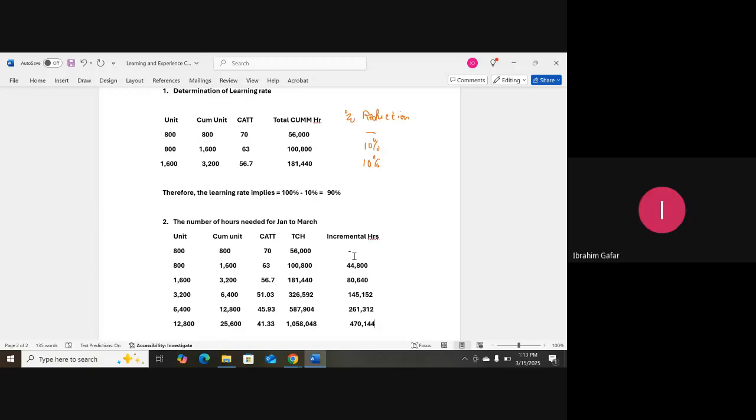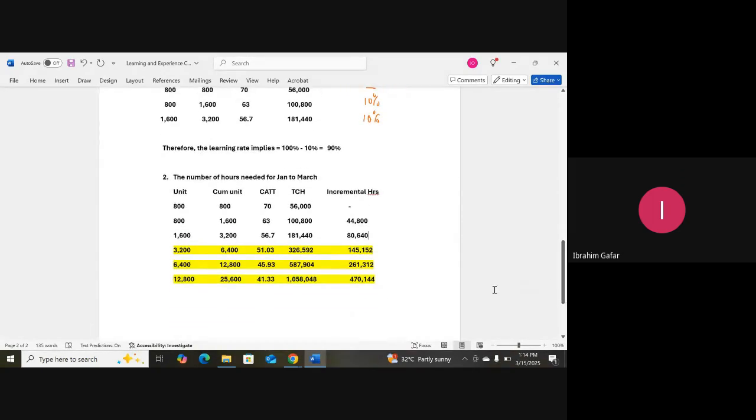So the question the examiner is asking us is to calculate the total labor hour needed for each of the 3 months. If you look at the question, January is 3.2, February is 6.4, and March is 12.8.